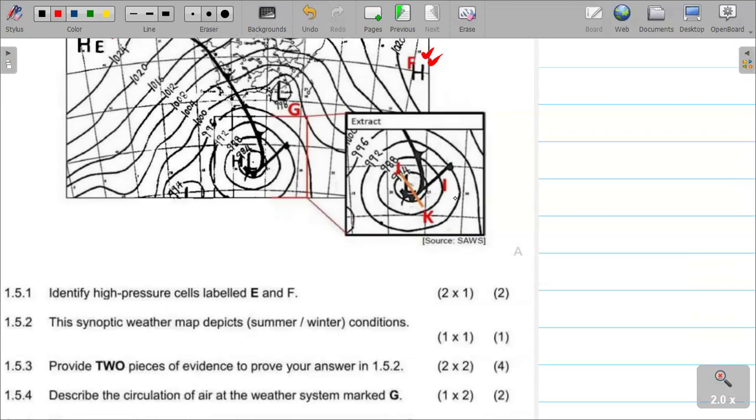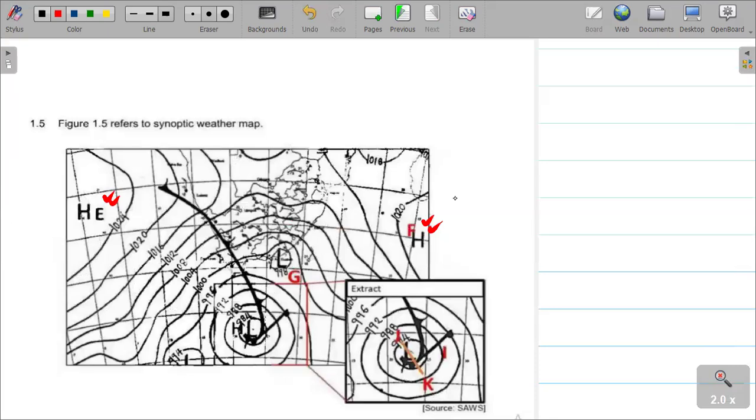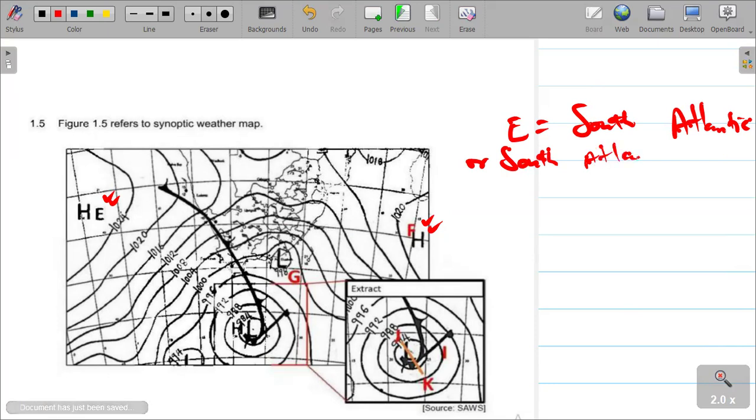So E, you need to know that E is the South Atlantic high pressure cell. I'm sure that we have known this one, the South Atlantic high pressure cell, which is the South Atlantic anticyclone. Sometimes they call it that way.